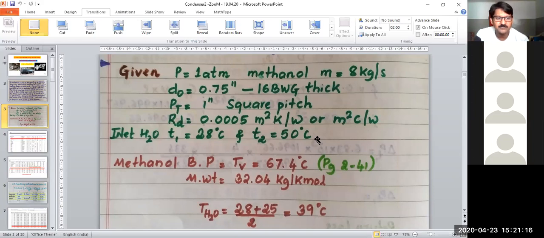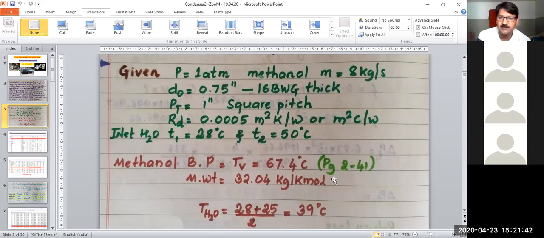That is called the temperature of the vapor, because methanol enters the condenser in the vapor phase. So the temperature of the vapor is 67.4 degrees centigrade. What is 67.4? It is the boiling point of methanol at 1 atmosphere.